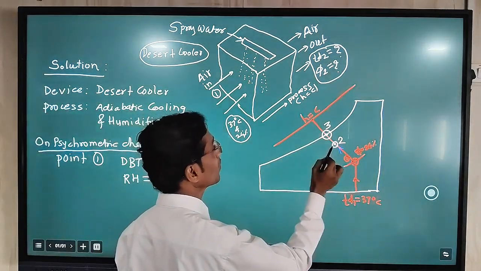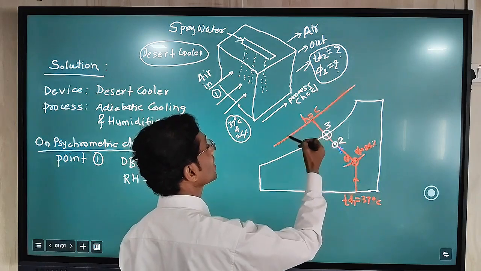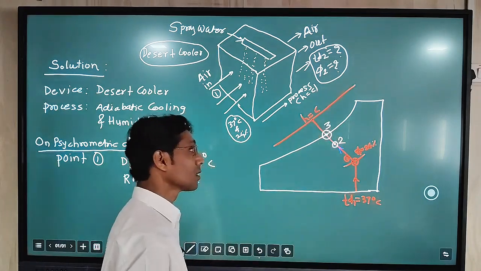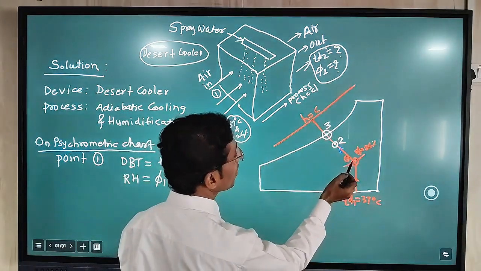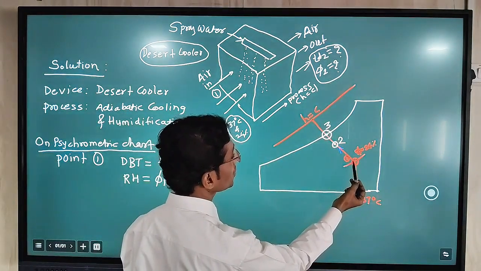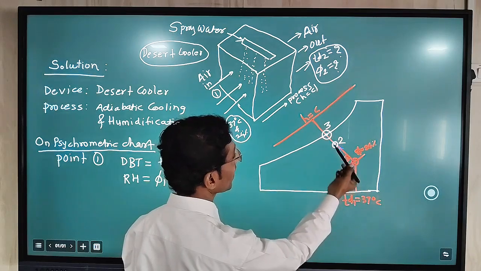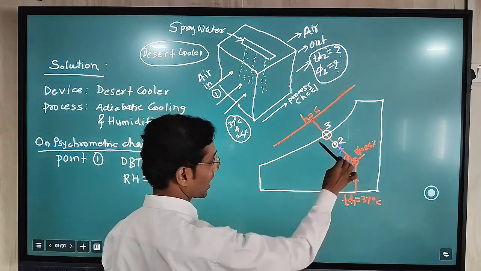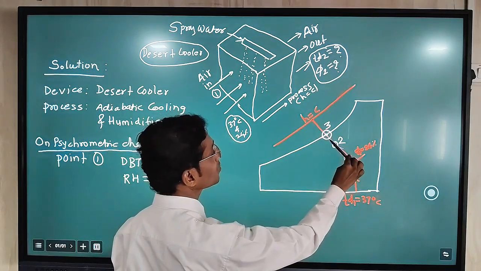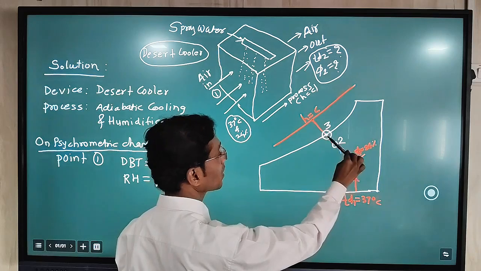Especially, adiabatic cooling means what? On the enthalpy scale, the enthalpy is the same, constant. So for constant enthalpy, we have to draw a line emerging from point number 1, perpendicular to this enthalpy scale, or parallel to the WBT lines.